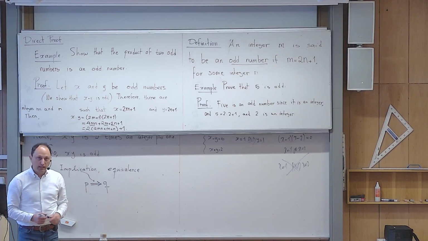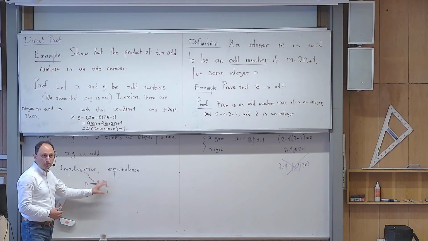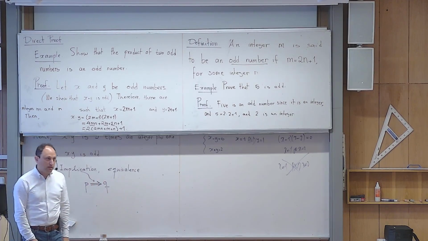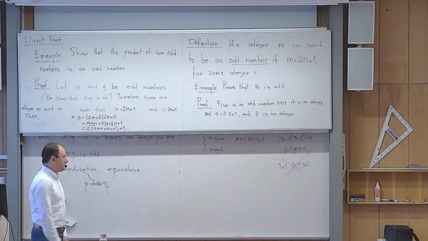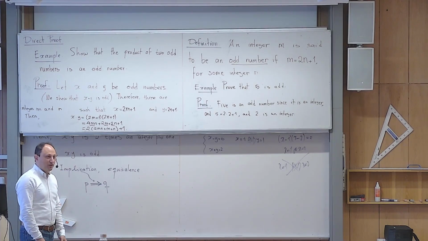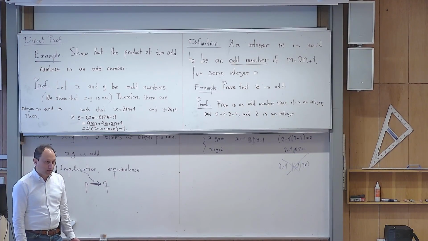If the truth of P necessarily guarantees the truth of Q, then of course that's an implication. So for example, we cannot say that Stockholm is the capital of Sweden implies that Paris is the capital of France. There's no implication.